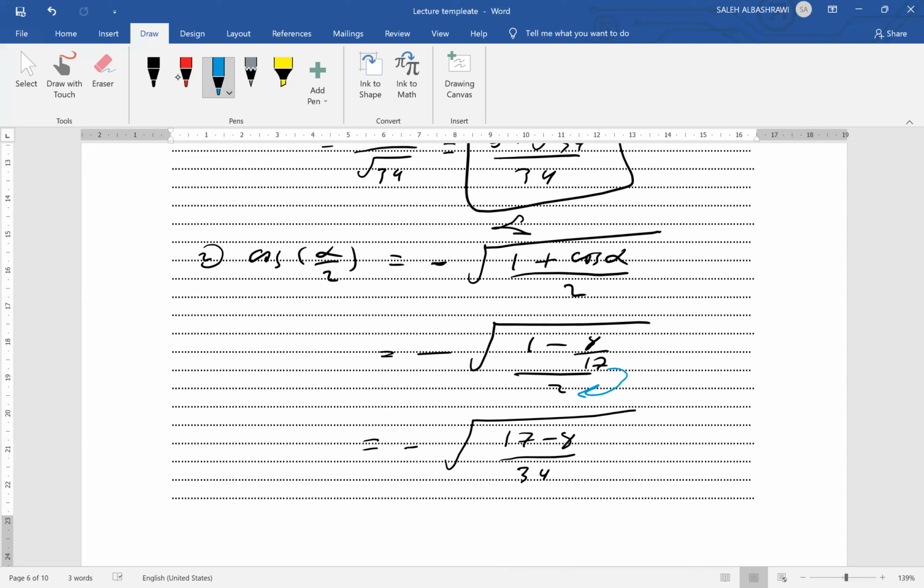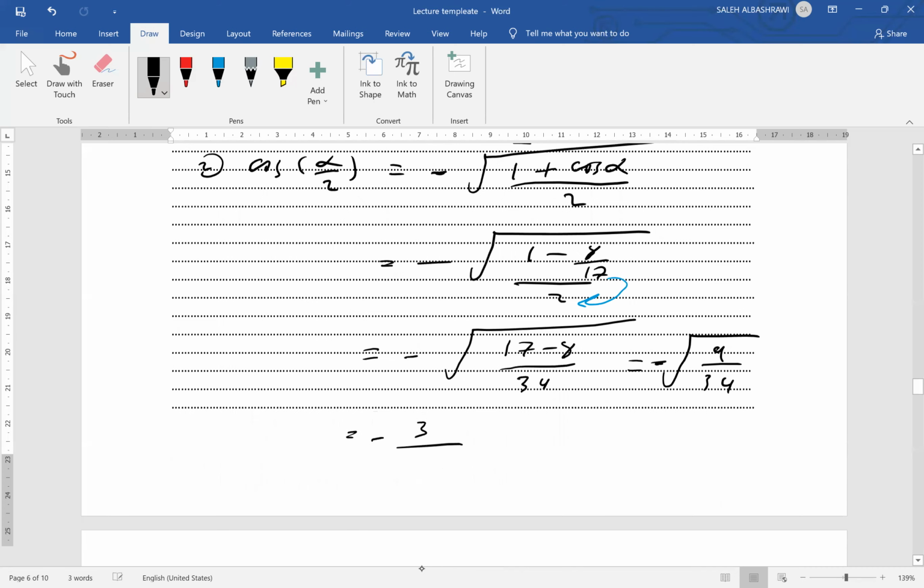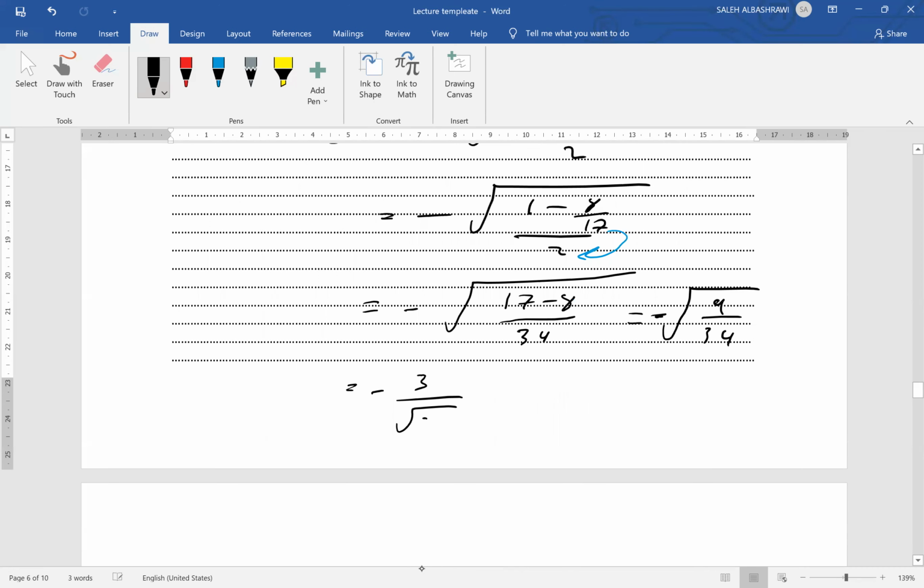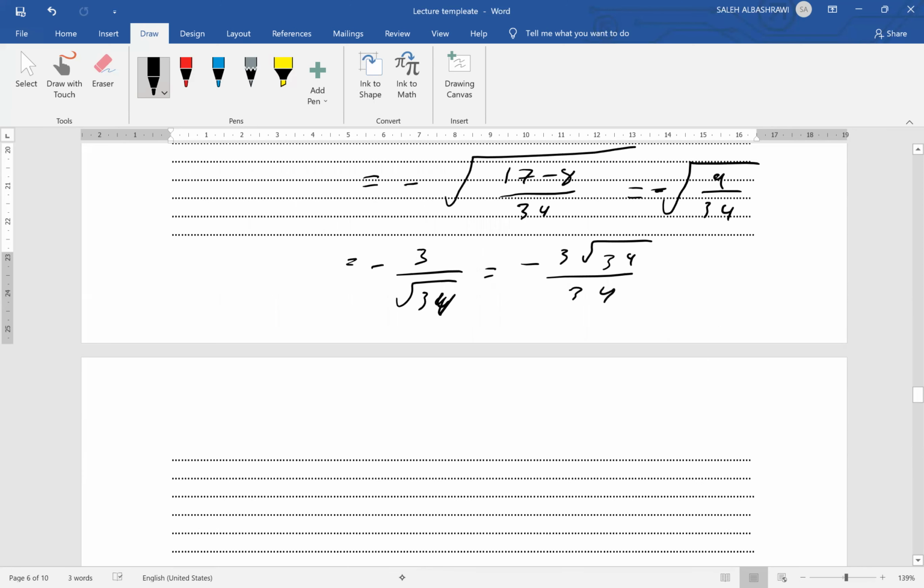So I will have 17 minus 8 equal to 9 over 34, and it is negative, which is equal to minus 3 over square root of 34. Or by rationalizing, this is minus 3 multiplied by square root of 34 divided by 34. So this is cosine of alpha over 2.